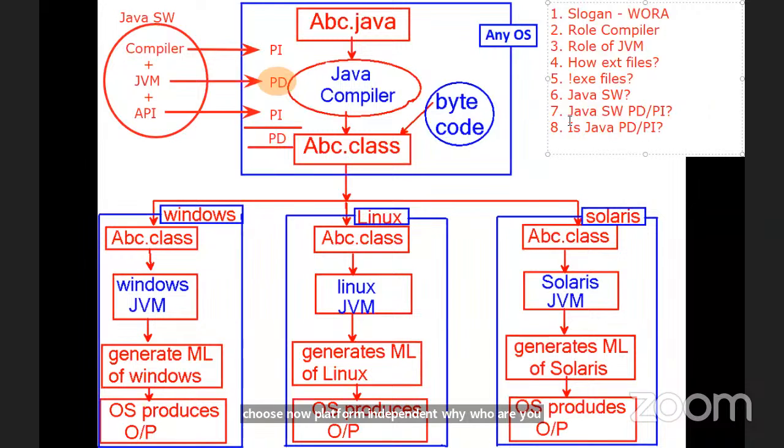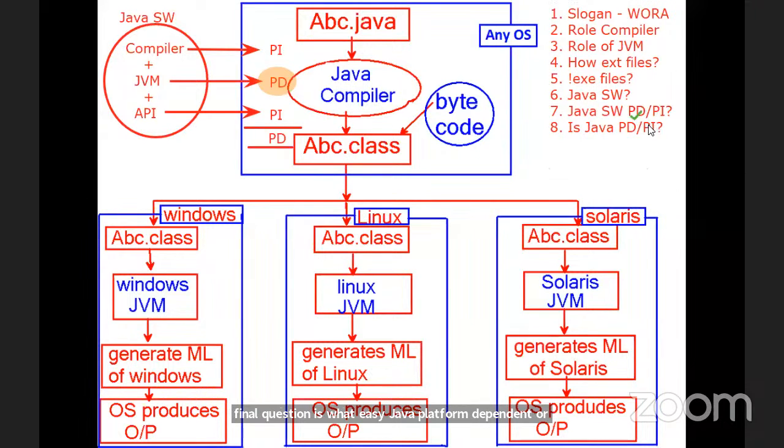So you should choose Java platform independent from the program point of view. Okay, so the final question: is Java platform dependent or platform independent? Java is both. Java software is platform dependent. Java program is platform independent. Both answers you have to tell to the interviewer.